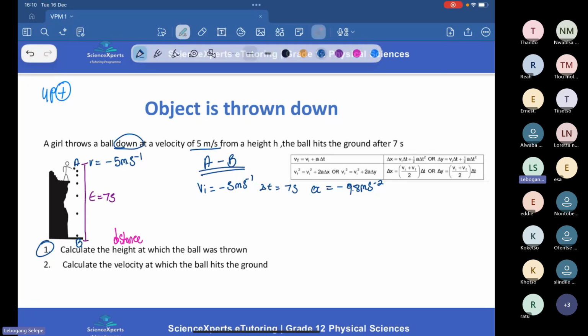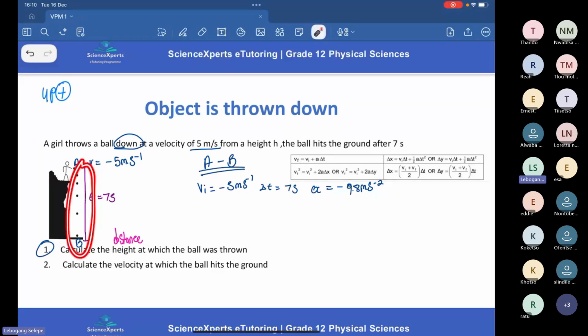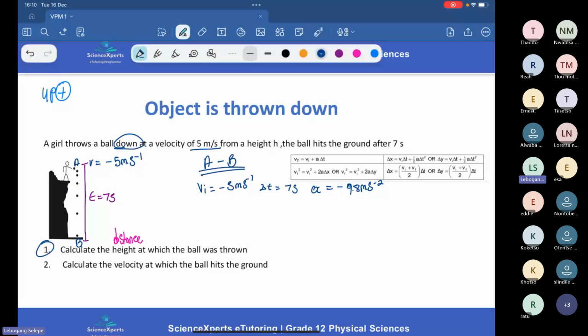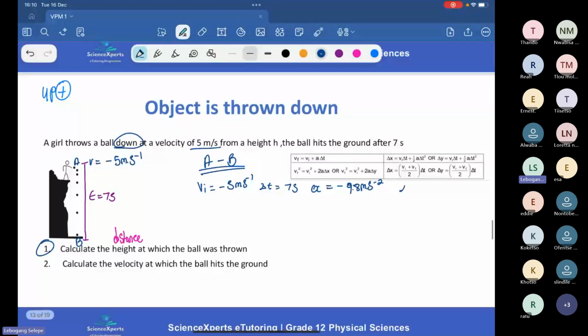So if I calculate the displacement here, I would get the height. So change in y is what we are looking for. A formula with change in y, v initial, change in time and acceleration is this one. Change in y is v initial, change in time plus 1/2, acceleration, change in time squared.